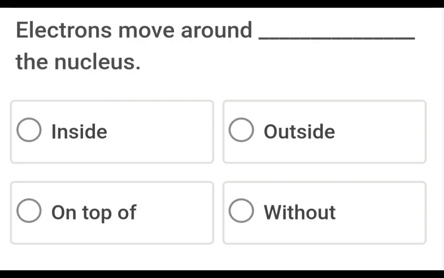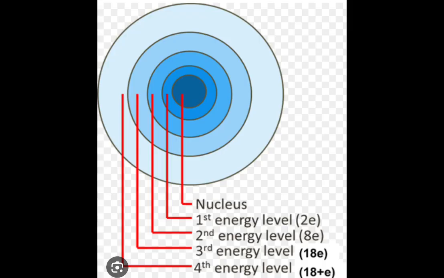Seventh question. Electrons move around dash the nucleus. A. inside, B. outside, C. on top of, D. without. We are going to select outside as our answer. Electrons move around the nucleus of an atom in specific energy levels or shells.